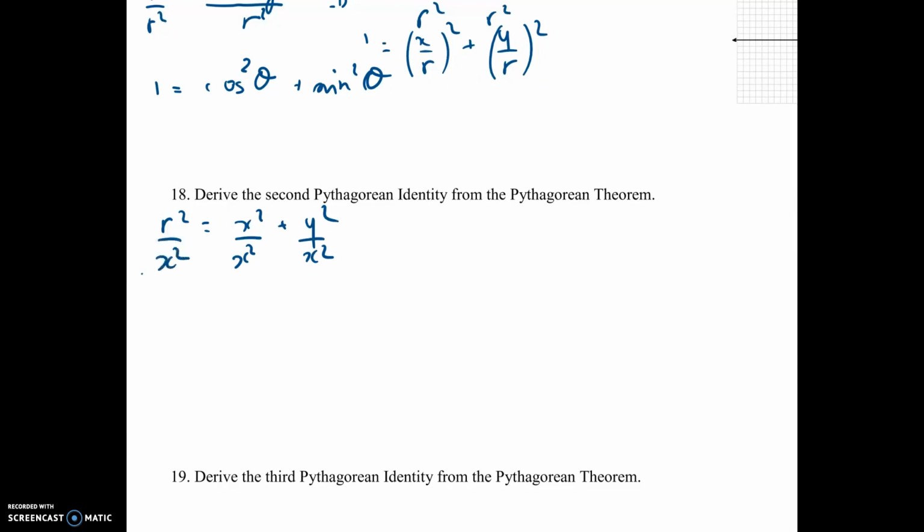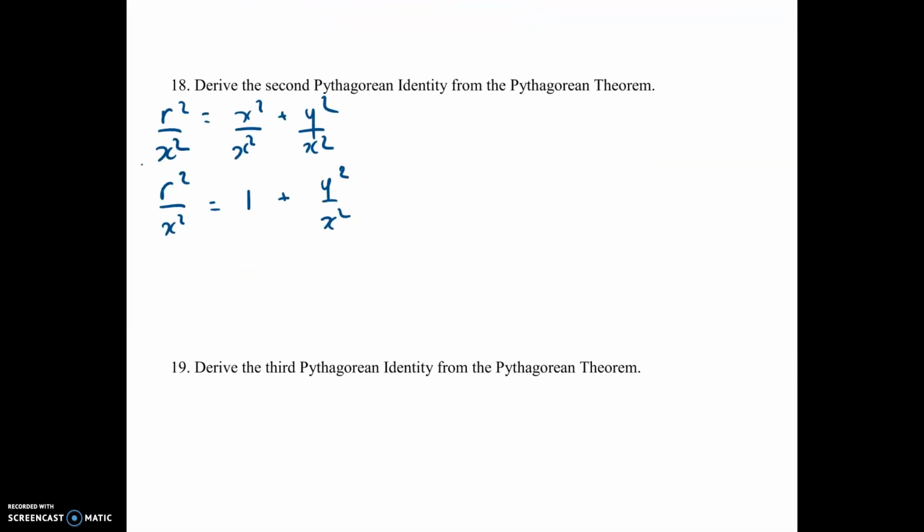I end up with r squared over x squared equals 1 plus y squared over x squared. So I end up with (r over x) squared, which is secant squared of theta, equals 1 plus tangent squared of the angle theta.